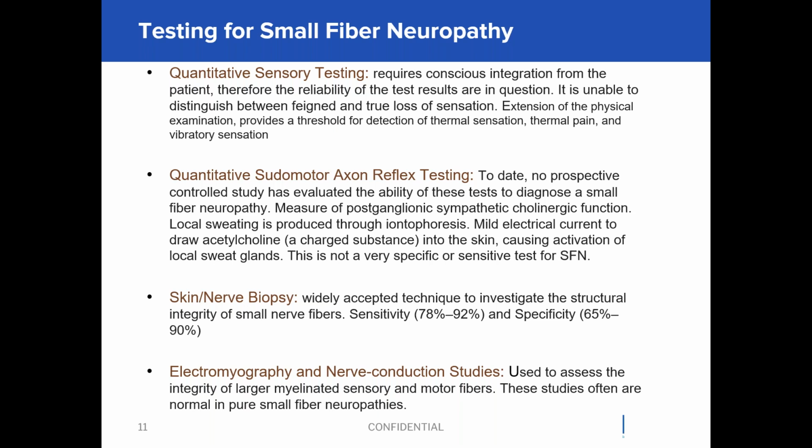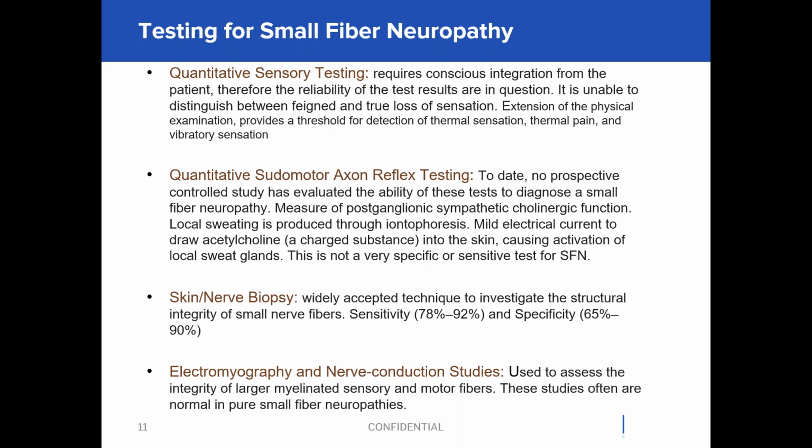This is not very accurate, so it's not used very often. There is also pseudomotor axon reflex testing, where an electrical current is sent through the skin and active sweat glands respond to it. It's kind of like iontophoresis, but again, not very accurate, so it's not used very frequently.